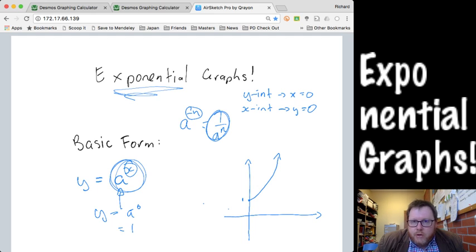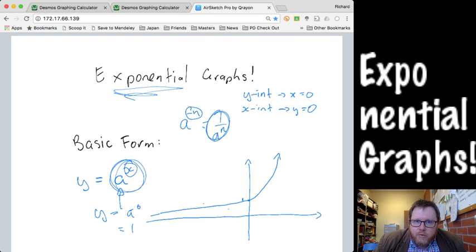So it doesn't turn the value negative, it just makes it a fraction. So on the left-hand side, it's getting smaller and smaller and smaller. I better just extend that line. And smaller and smaller and smaller. It's approaching 0, but it never reaches 0.